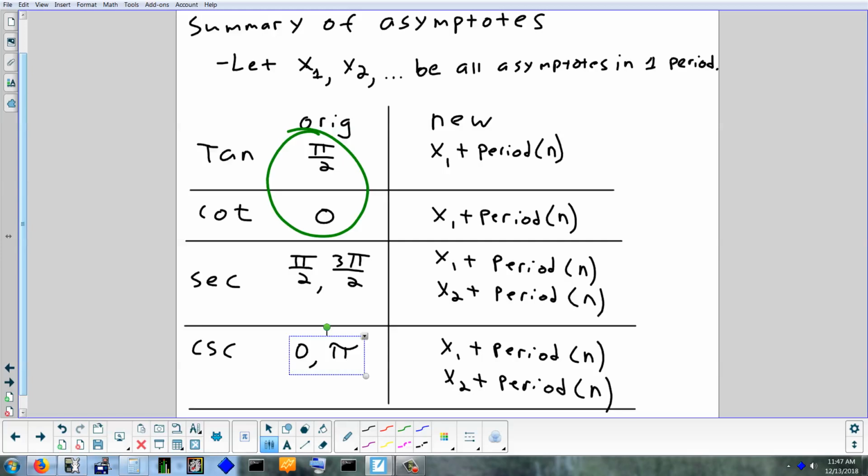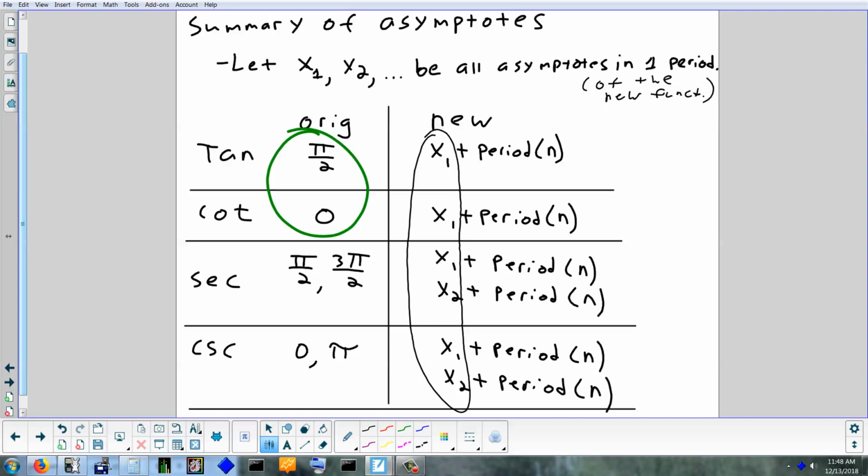They all have the same thing on the end, plus the period times n. So you've got to know which formula to use to find the period. 2 pi over b or 1 pi over b. But then all of these, those are the asymptotes in one period of the new function. I'll just put that in parentheses to make it clear if it's not. So those are the first asymptotes in the new one.